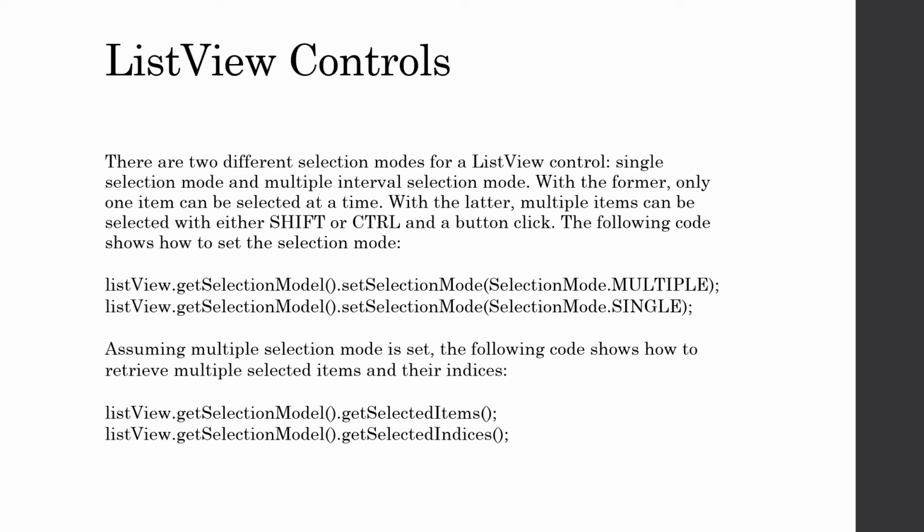Assuming multiple selection mode is set, we can use the following code to retrieve multiple selected items and their indices. We can use either getSelectedItems or getSelectedIndices. That pretty much matches up with what we saw before, getSelectedItem and getSelectedIndex. We're just changing it to plural to indicate that there are potentially multiple selections being made.